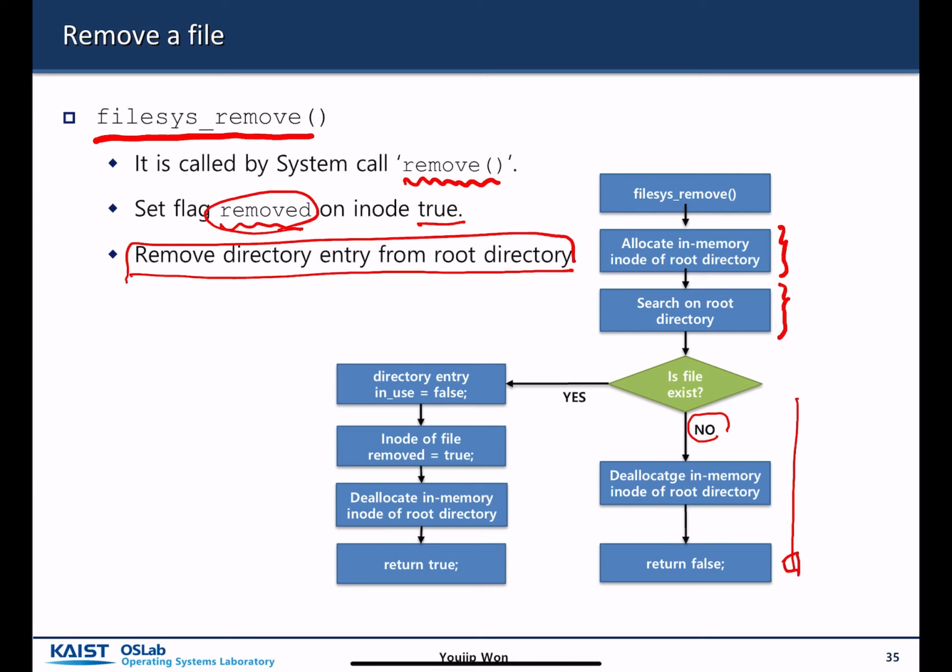If the file exists in the directory, then the in-use field of the directory entry is set to false, and the removed flag of the file's inode is set to true. And then it deallocates the in-memory inode of the root directory and returns true.